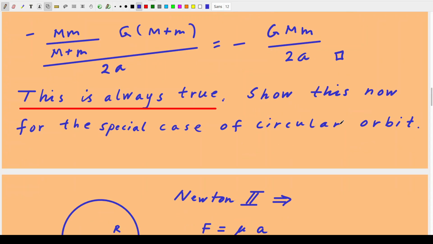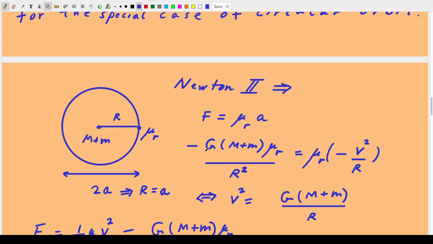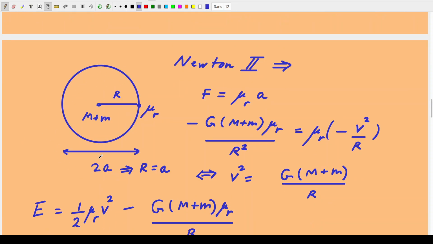So let's just for fun take a look at a special case, a circular orbit. In that case, you have the total mass, a fixed point in the center, and the reduced mass is circling in a circular orbit. And again, the major axis is 2a, so the radius of the circle must be a. And let's use Newton's second law: force equals mass times acceleration for one particle, in this case the reduced mass particle.